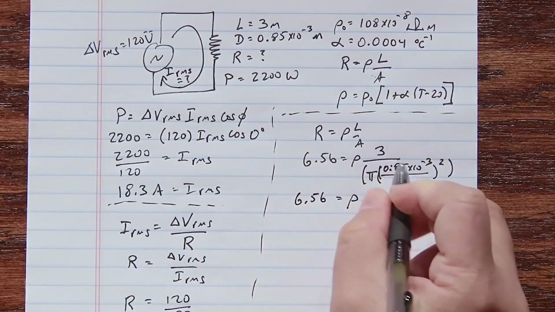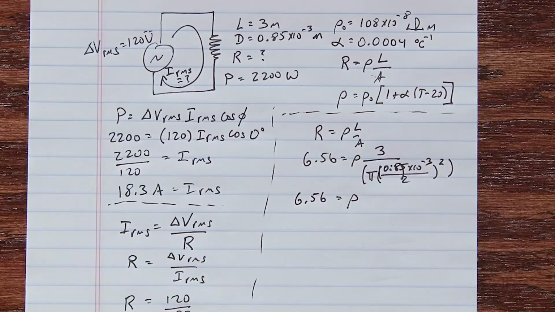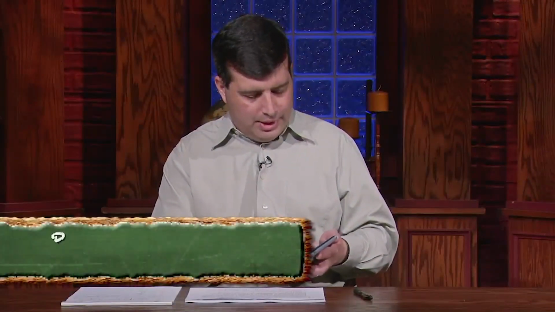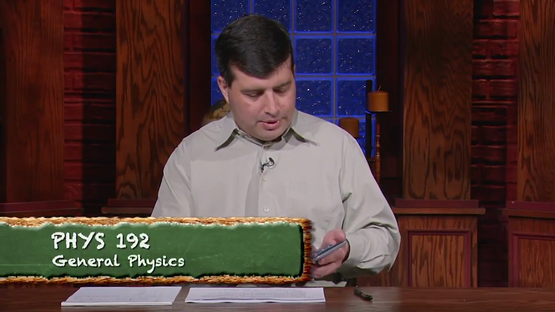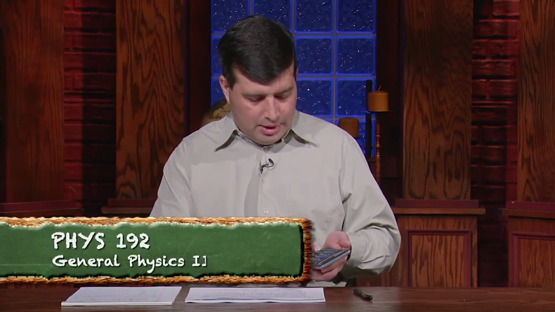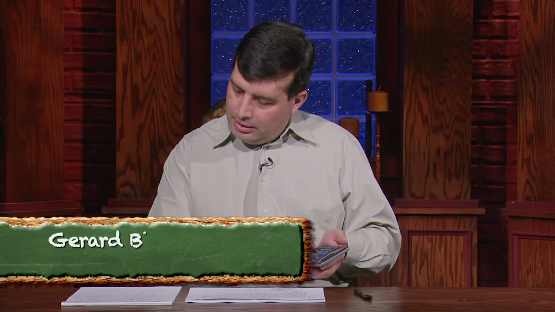So 6.56 is equal to rho times 3 divided by the quantity pi times the quantity 0.85 times 10 to the minus 3, and then divided by 2, and then we're going to square that.